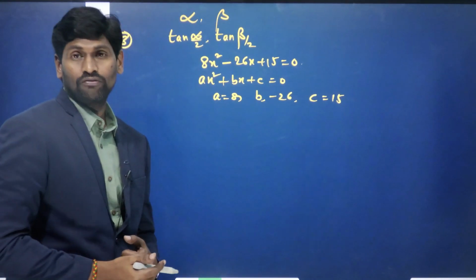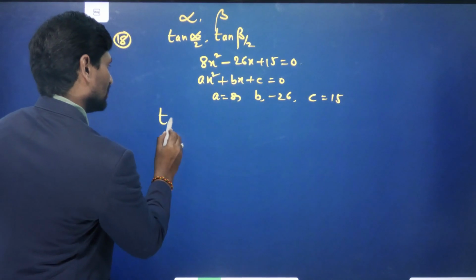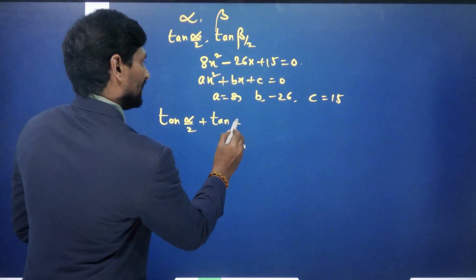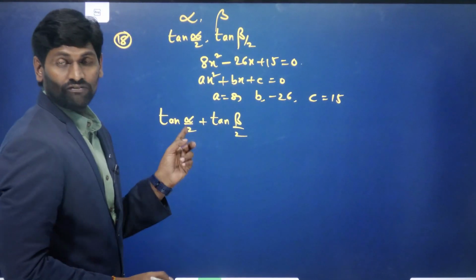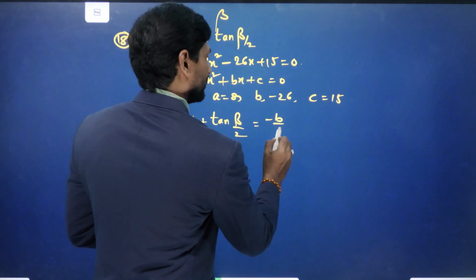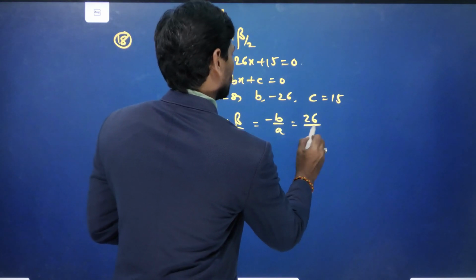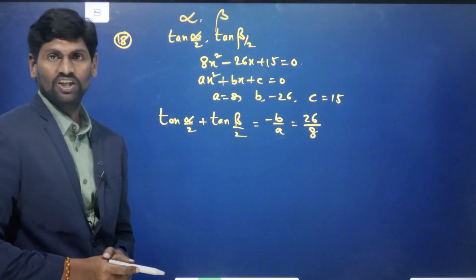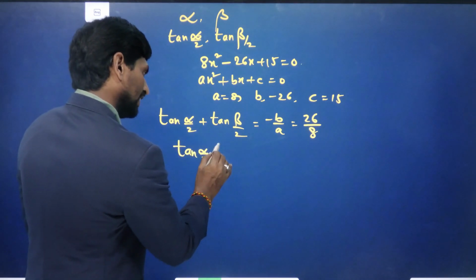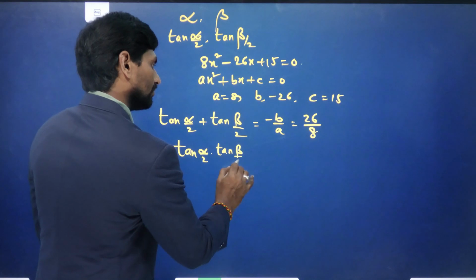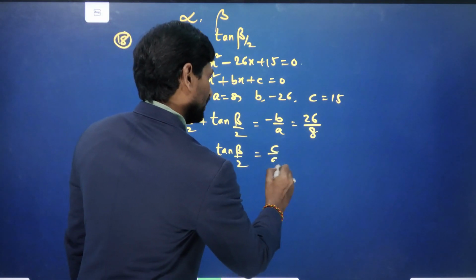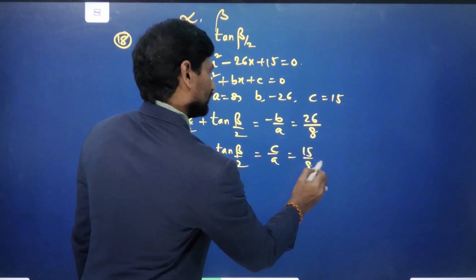So we know that sum of roots means tan alpha by 2 plus tan beta by 2 is nothing but minus b by a. So that means 26 by 8. Okay? Product of roots, tan alpha by 2 into tan beta by 2, c by a rule. C by a means 15 by 8.